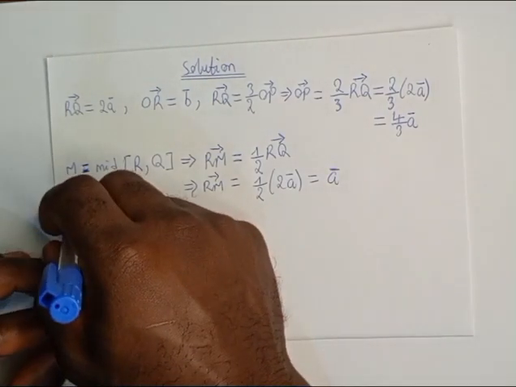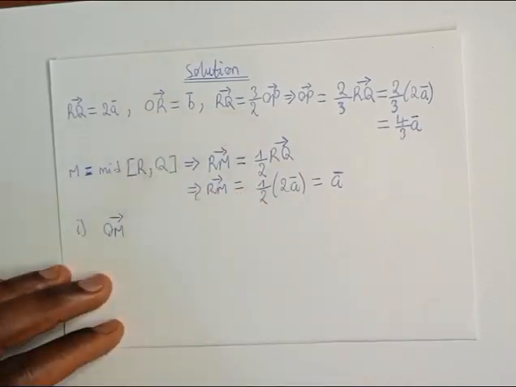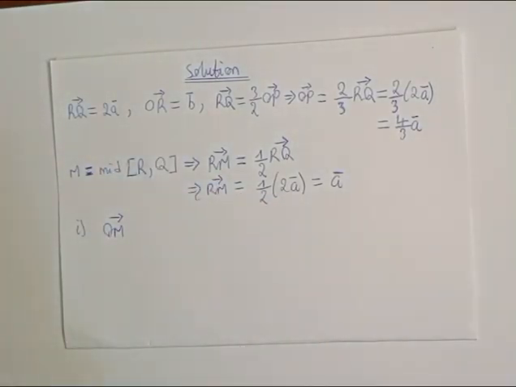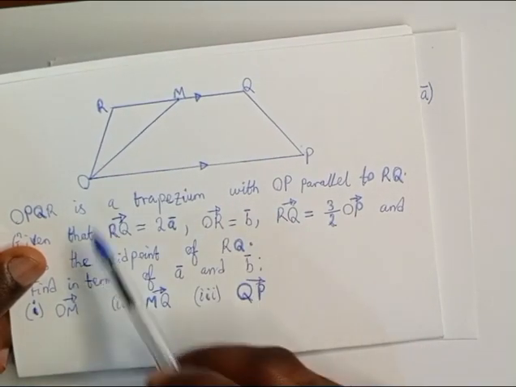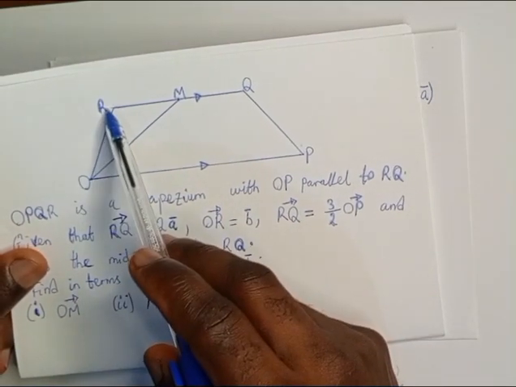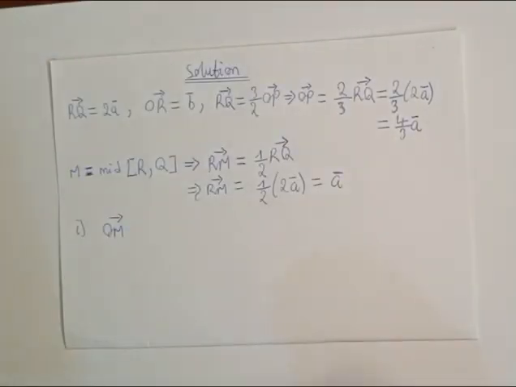Question 1, we have to express OM vector in terms of A bar, B bar. OM is the same as OR vector plus RM vector.